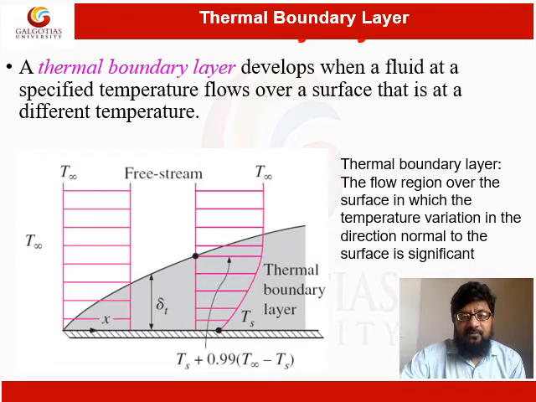Outside the thermal boundary layer, the temperature variation along the direction normal to the surface is not significant. The thermal boundary layer thickness del T can be given as where the temperature difference becomes equivalent to 0.99 of the temperature difference between the incoming stream and the solid temperature.